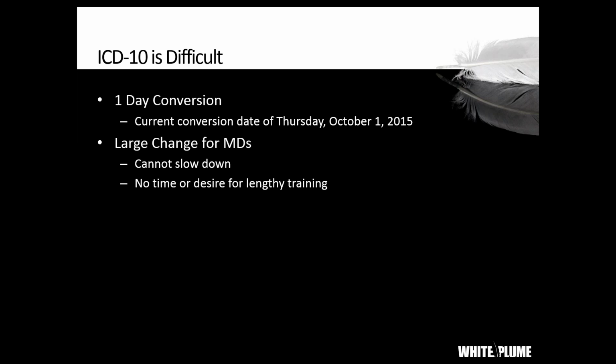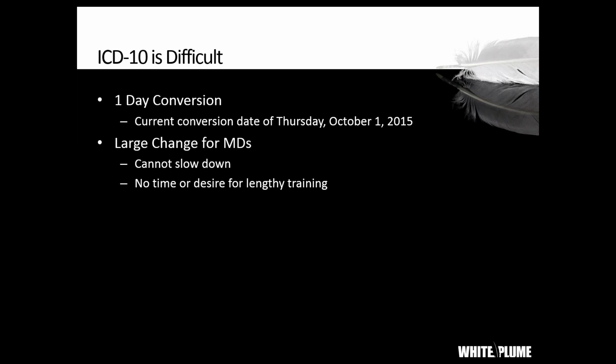And I think what makes ICD-10 most difficult in the United States is we've had a lot of change for the past 6 or 7 years. A lot of government intervention with e-prescribing and PQRS and meaningful use. And all of those programs were optional. They had incentive bonus payments that you could earn.